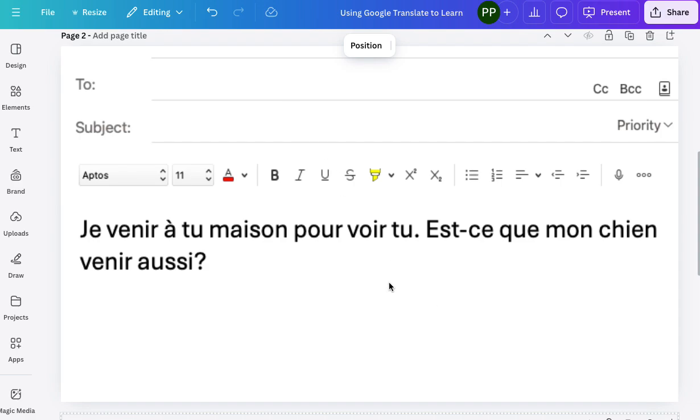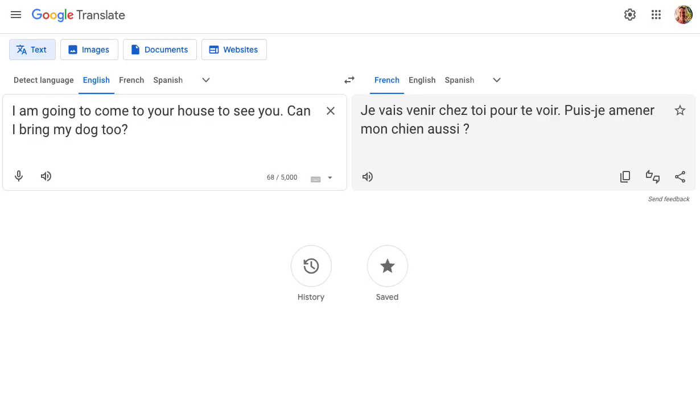So what I'm going to do is type in my English sentences into Google Translate and see what comes up. So I've done this already and I've typed in, I'm going to come to your house to see you. Can I bring my dog too? And as long as I have English selected here and French selected here, I'm going to get my translation, which is now quite good.